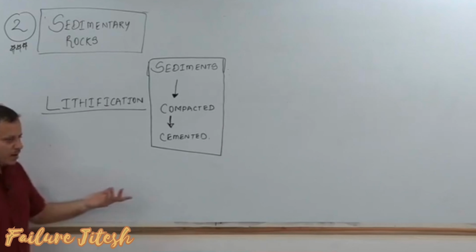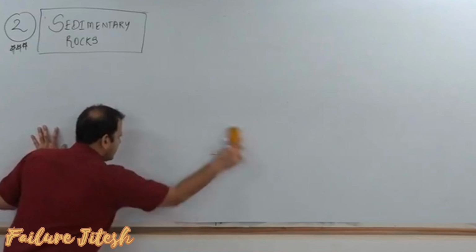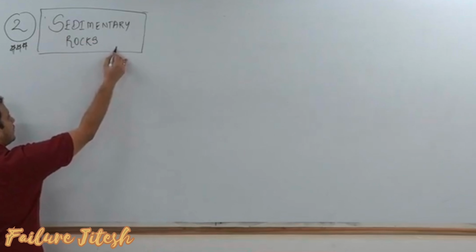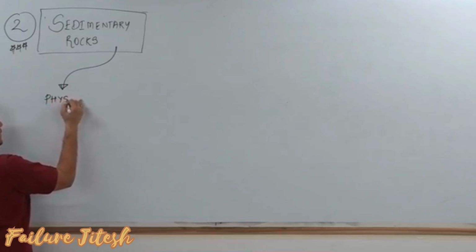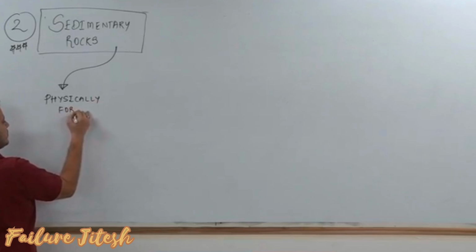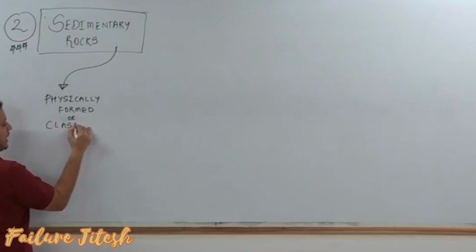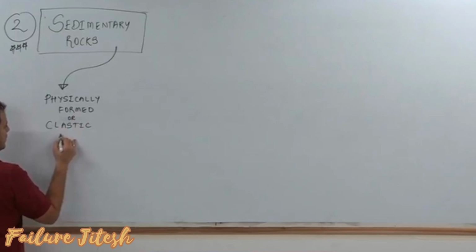Can I continue? See, on the basis of origin, we say that sedimentary rocks are of 3 types. One is physically formed sedimentary rock, or they are known as, we have used this word again, formed due to mechanical force, that is the clastic sedimentary rocks.